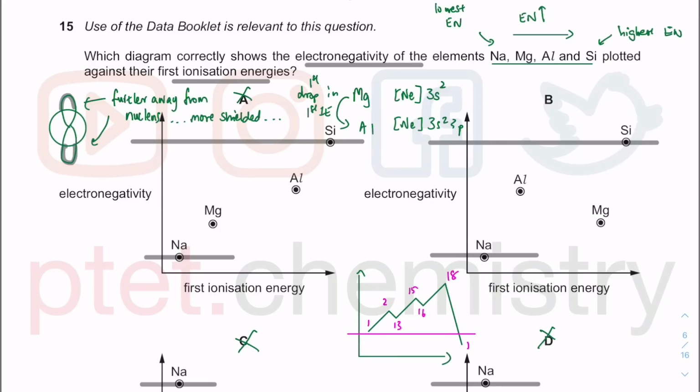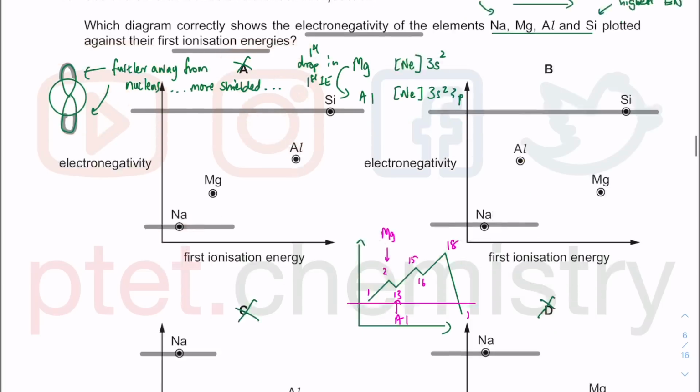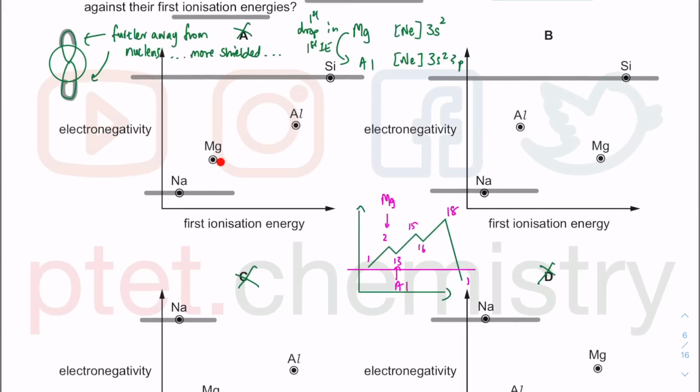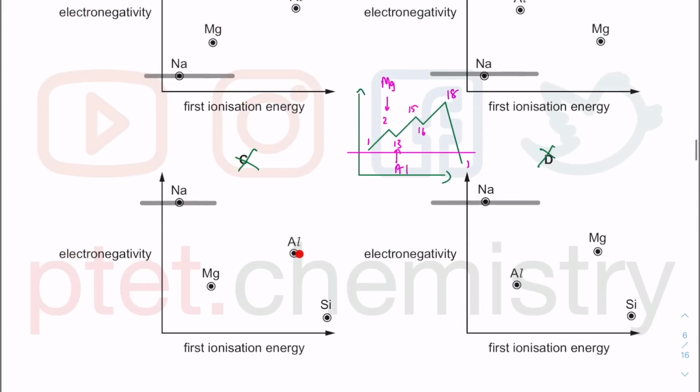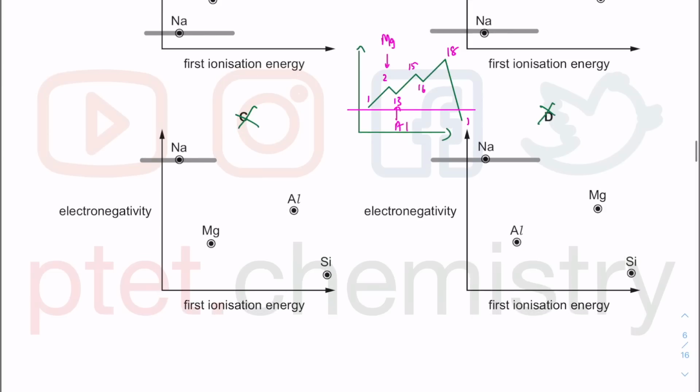And when you fill a new shell, it's going to go down there. So magnesium is there. Aluminium will have a lower first ionization energy than magnesium. Here, aluminium has a higher first ionization energy than magnesium. This could be correct. However, in terms of electronegativity, silicon will have a higher electronegativity than sodium.